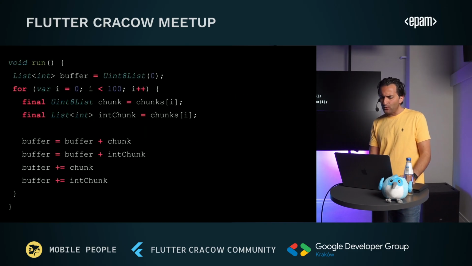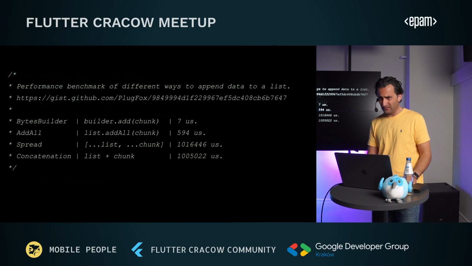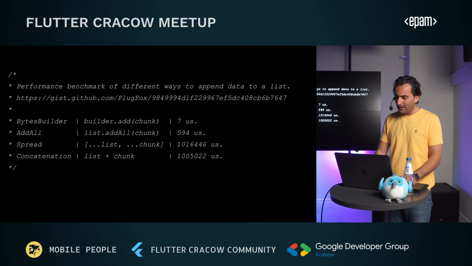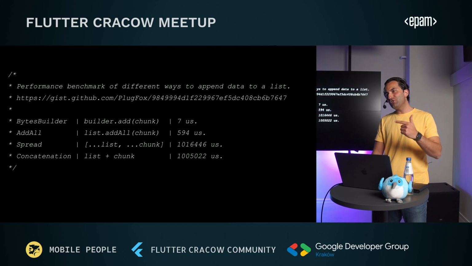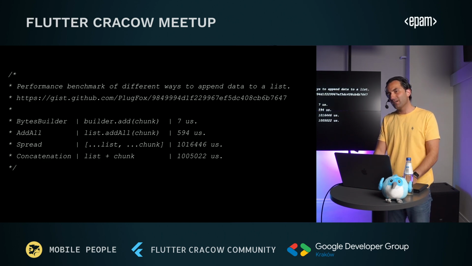As an example, you can concatenate strings in different ways, like appending data to an array. You have byte builder, addAll, spread operations, and concatenation with plus, and you can add to that list. But each of them comes with a different performance catch.